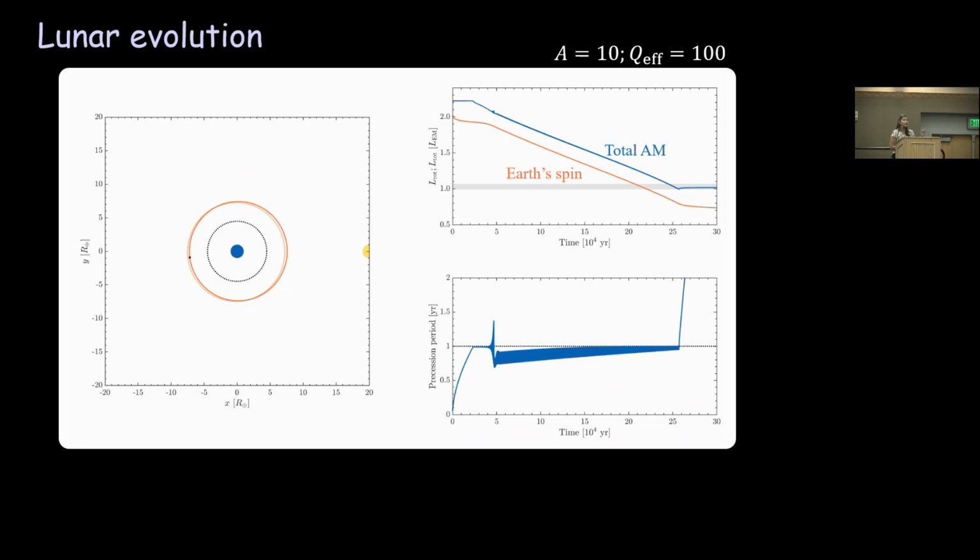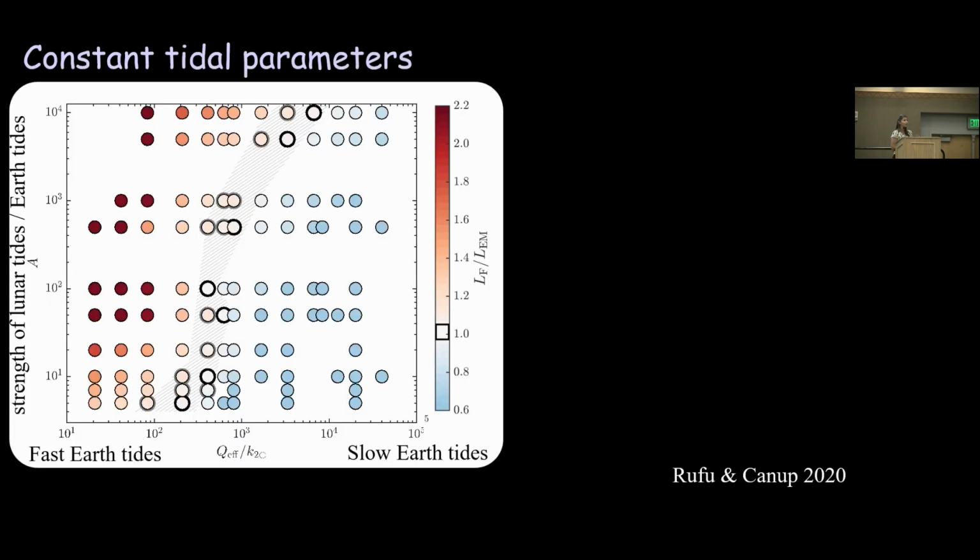So you can see that in this example, we started with an angular momentum that is more than twice the current value, and at the end, with evection, we were able to successfully remove enough angular momentum to be consistent with the current value. So we have done these kind of simulations for a wide range of tidal parameters.